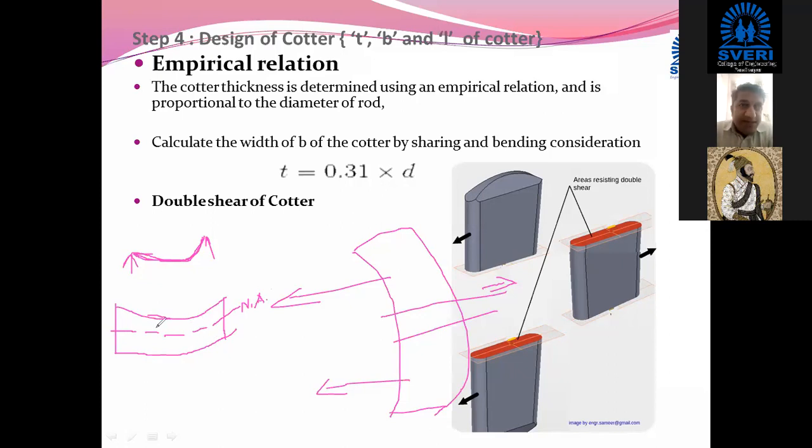Okay, if the bending is taking place in this way, which type of stresses will be induced in the upper half part of this beam, and which type of stresses will be induced in the lower half part of this beam? Compressive and tensile stress. Where will the compressive be? Upper side. And where will the tensile be? Lower side. Okay.